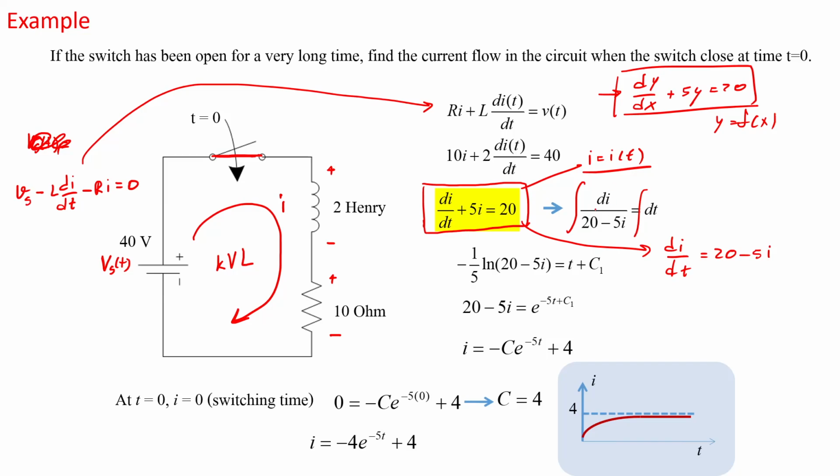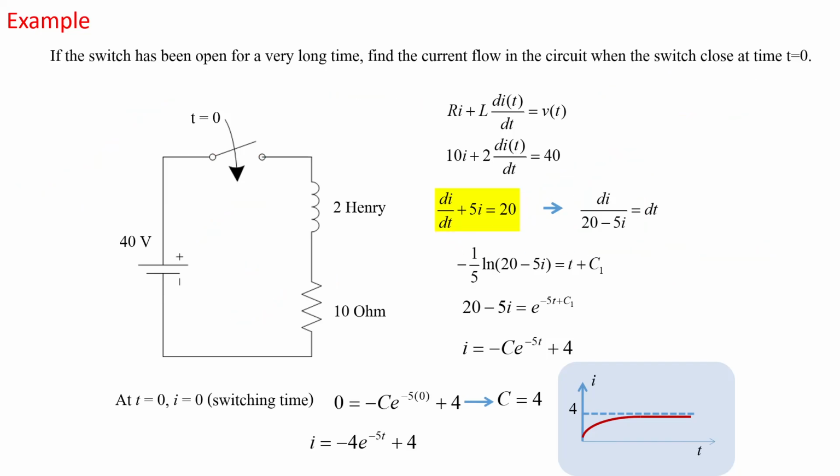To integrate dI by 20 minus 5I, we get minus 1 divided by 5 times ln of 20 minus 5I, and on the right hand side, integrating dt, we get t plus c1.